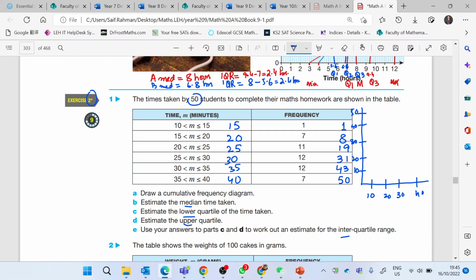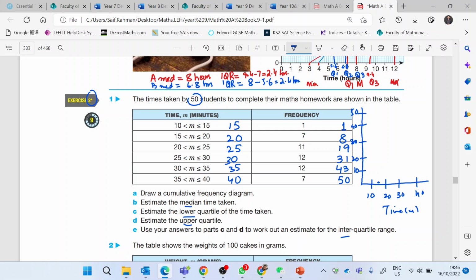So when the cumulative frequency was 1, the time was 15. So 15 will be between here, and it was just above 1 here. So it was at this point. This is time in minutes, and this one is frequency.